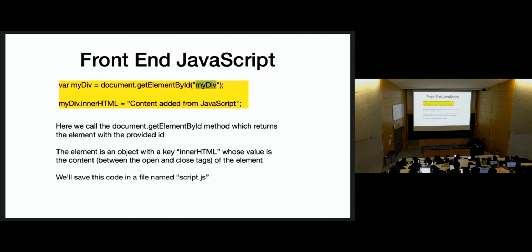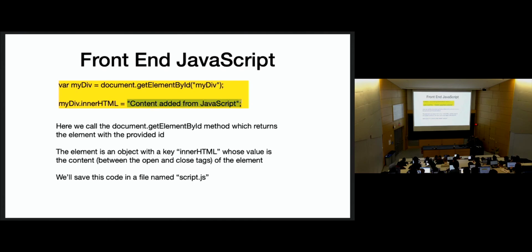So I'm going to get this element out of the DOM, get a reference to that object, and then I can edit that content however I want. This is somewhat from the sample site. I think it's a little different, and I have the emoji at the end. But if I do .innerHTML, this is a variable that stores all of the content of that element, and I can overwrite it.